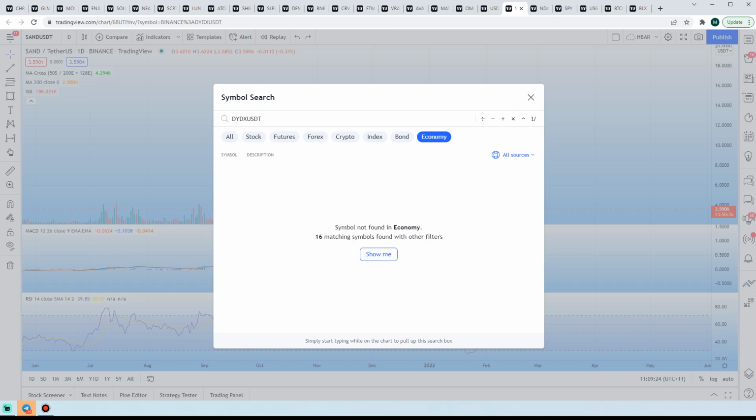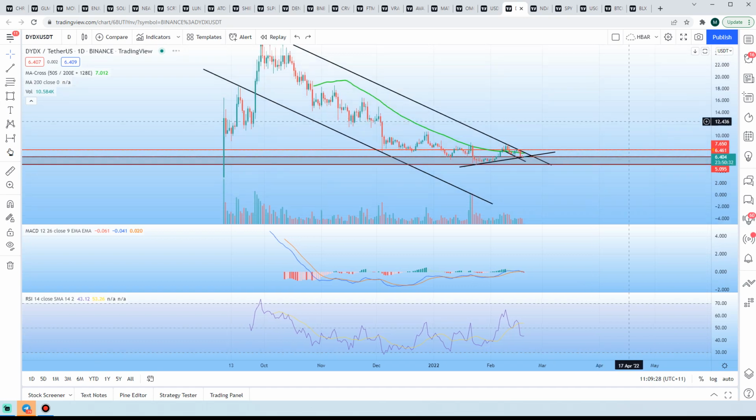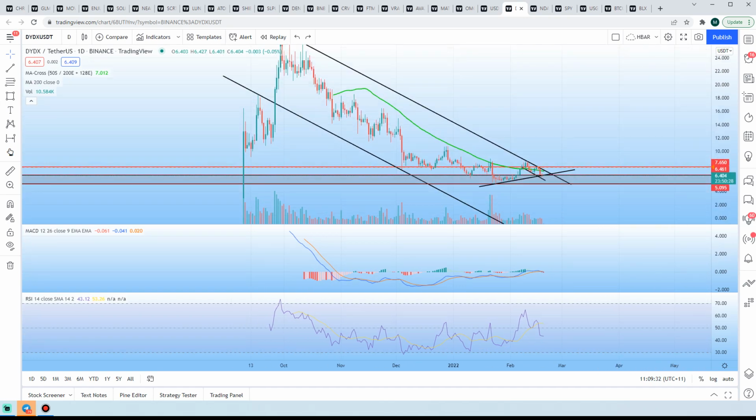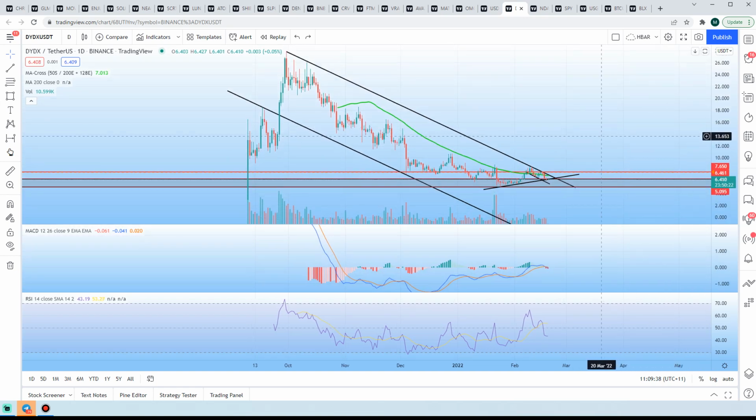DYDX has been in this pattern for 142 days, so we are expecting an explosive move when it happens. Now it doesn't mean it's going to happen now. So the purpose of today's video is to tell you guys where our targets are, where the support and resistances are, where the major zones of interest are, what would be the best entry, and where we'll be looking to put our stop losses.